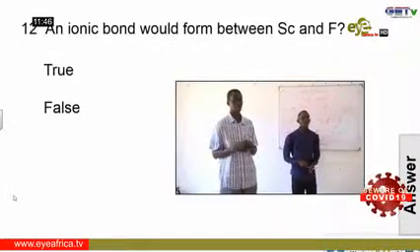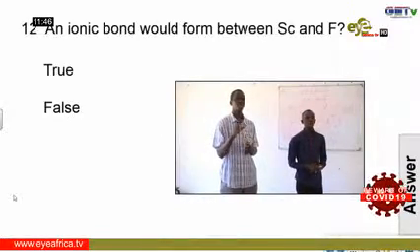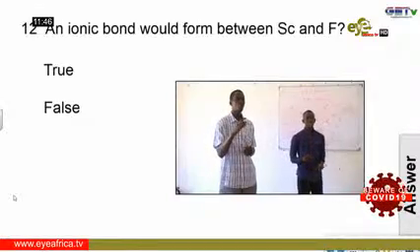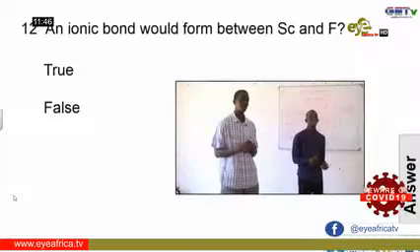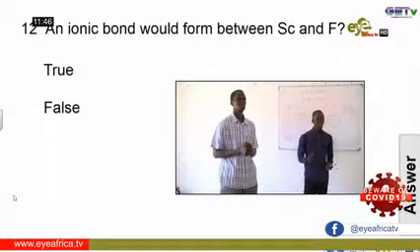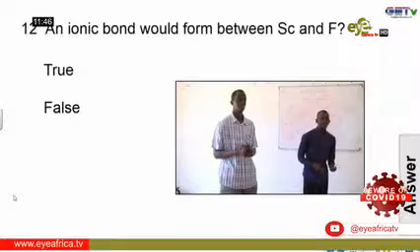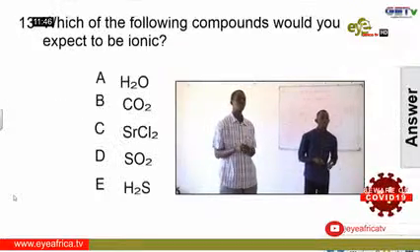12. An ionic bond will form between scandium and fluorine. True or false? Of course, scandium is the first transition metal, and fluorine is a non-metal. So when they react, they will form an ionic bond, which means here it is true. 13.